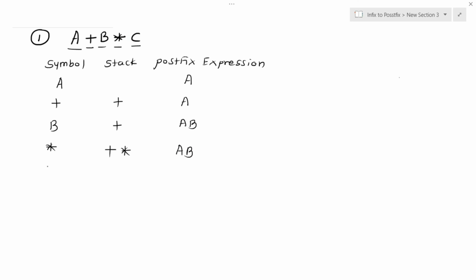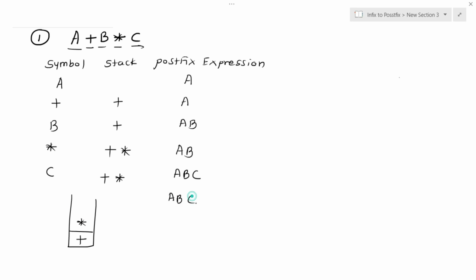Now the next symbol is c. So c directly goes to the postfix expression, and here is plus and multiplication. Now we reach the end of the expression. So here we have to pop the operators from the stack. So how to pop? This is a stack, and here the first operator is plus and the second one is multiplication.